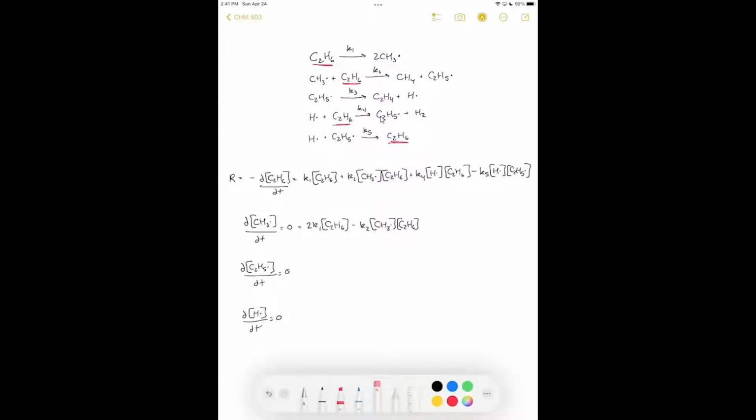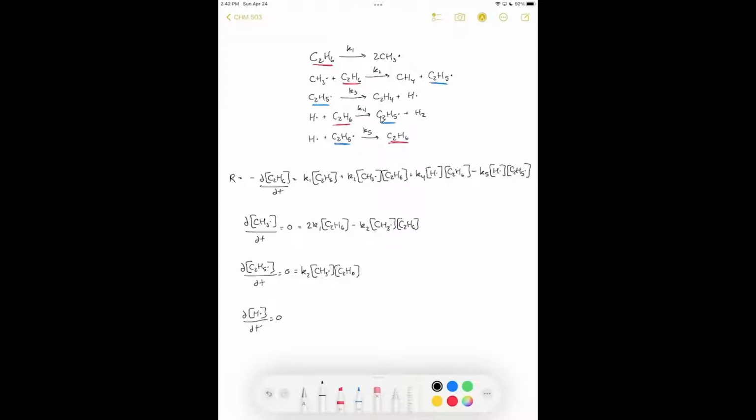What about C2H5? Where does C2H5 appear? C2H5 is formed in the second step and the fourth step and consumed in the third and fifth steps. So we can go ahead and write an expression for this. We can say that d[C2H5]/dt is equal to k2 times the concentration of CH3 times C2H6.